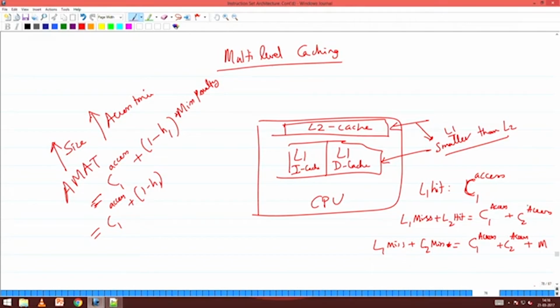Miss penalty is the average access time for C2. So that will be C2 access plus 1 minus H2, hit at 2, and what is that miss penalty? Memory access. That miss penalty of level 2 cache will be the memory access.